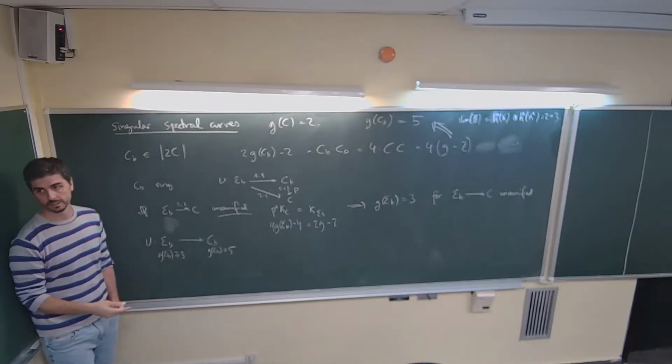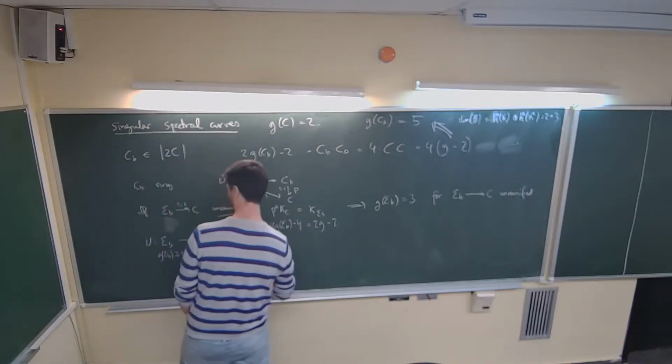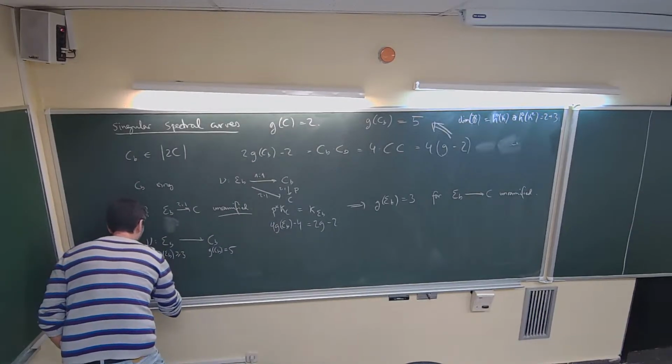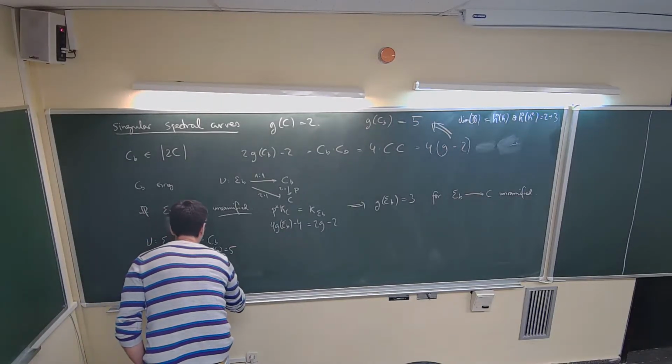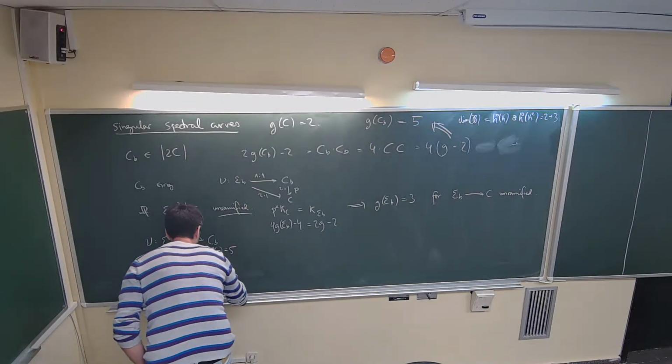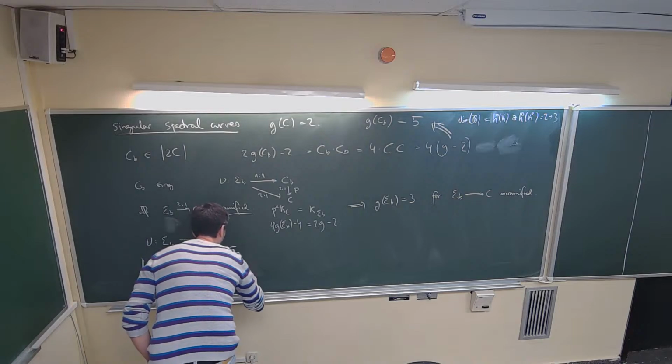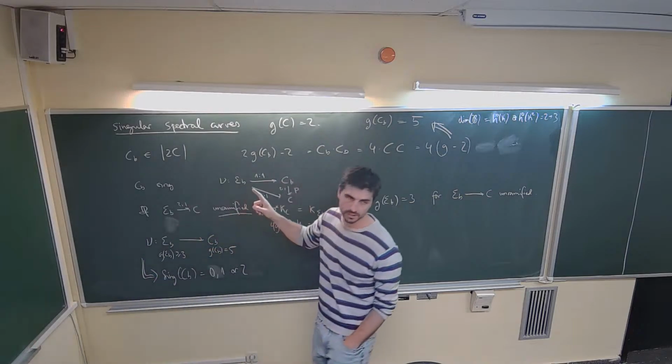So the number of singularities can be 0, 1, or 2 at maximum in this very simple case.